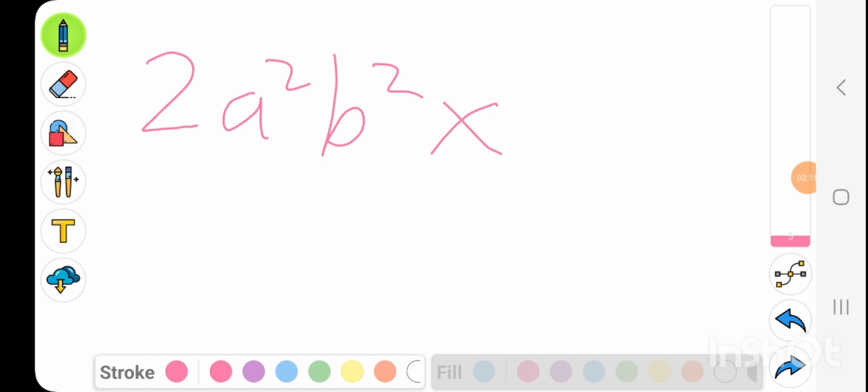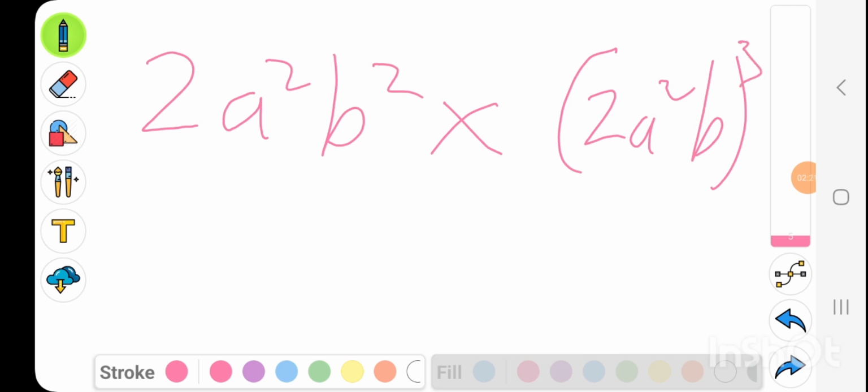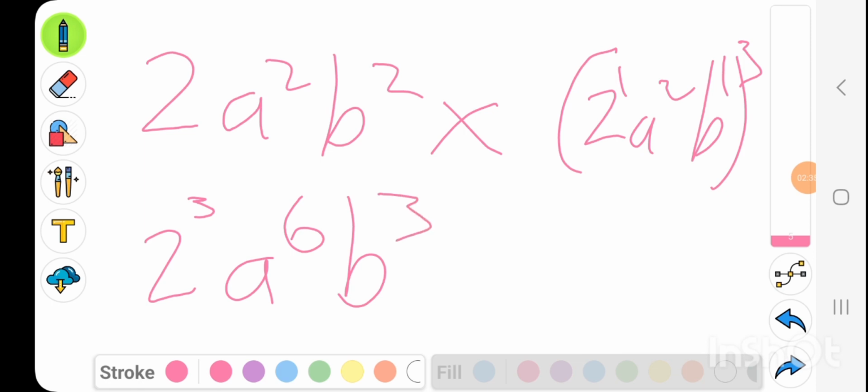Okay, next, you have to multiply this. Next is 2a squared b cubed. And then that's a 1 as well. So that's going to be 2 cubed, a to the power of 6, b cubed as well.